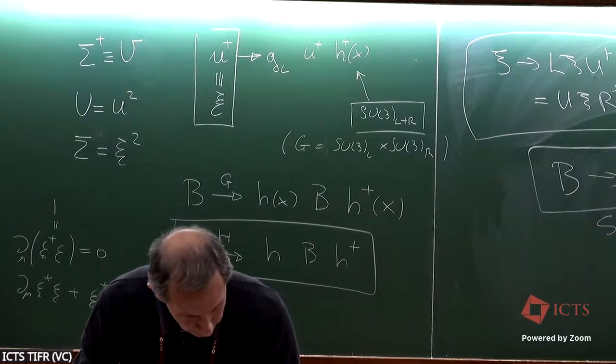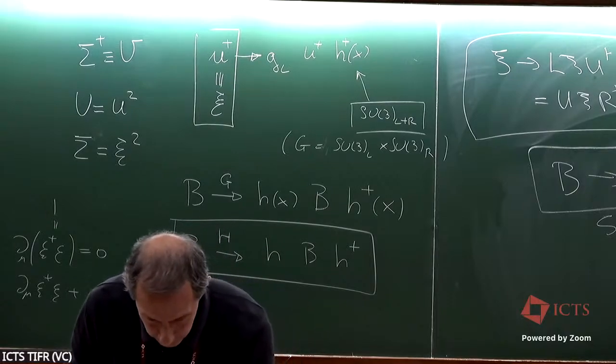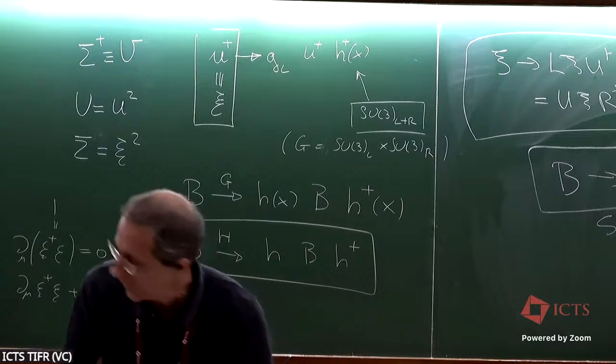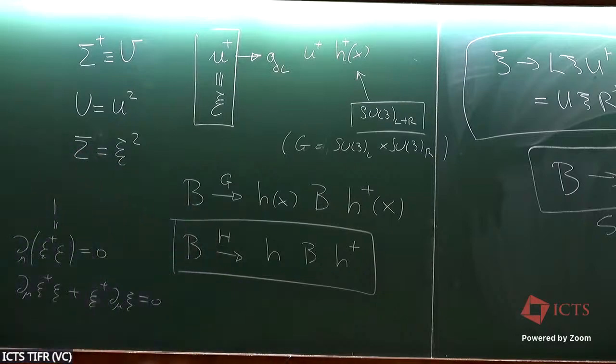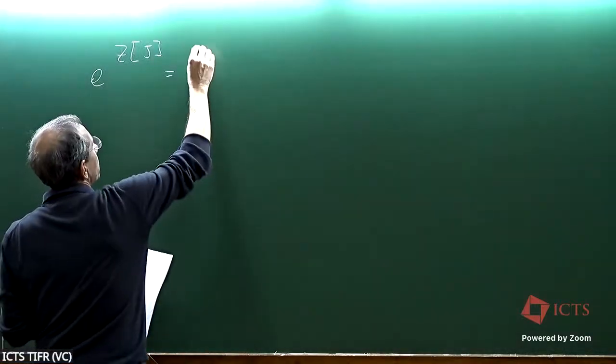Okay, so what I want to do today is, first, to come back a little bit to our general formalism, and then go on. So you remember the idea is to consider this generating functional from the QCD side.